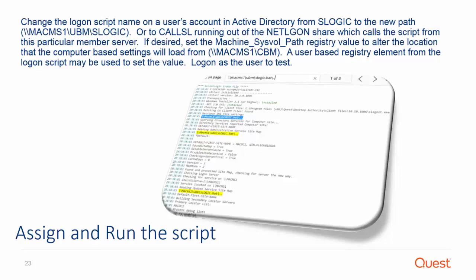So now I'm ready to simply log on and test this and see how it's working out for me. And as you can see from the screenshot, I'm running version 10.1.0.1006, and it's launching from my member server from my UBM share.